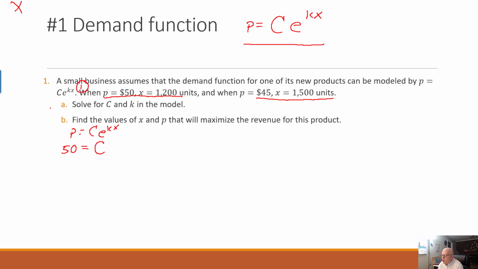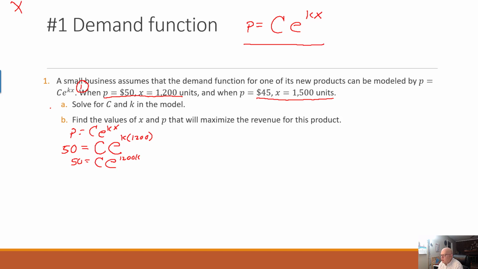C we don't know yet. E, of course, is a constant. K we don't know yet, so we'll leave that as K. And X for that particular ordered pair is 1,200. So we can write that as 50 equals C e^(1,200k), if you'd rather look at it that way.